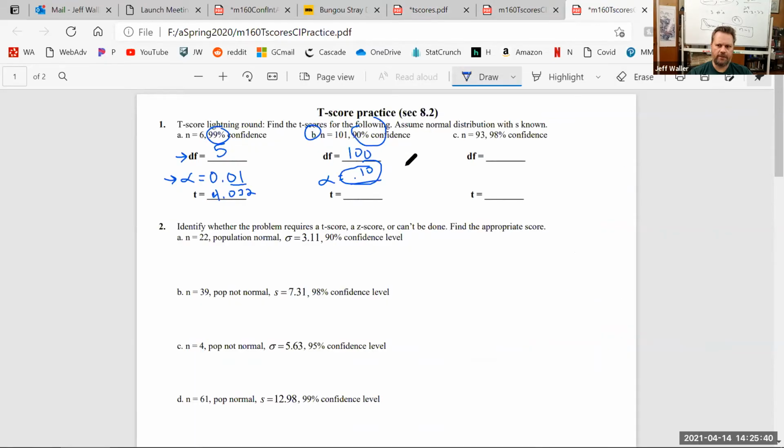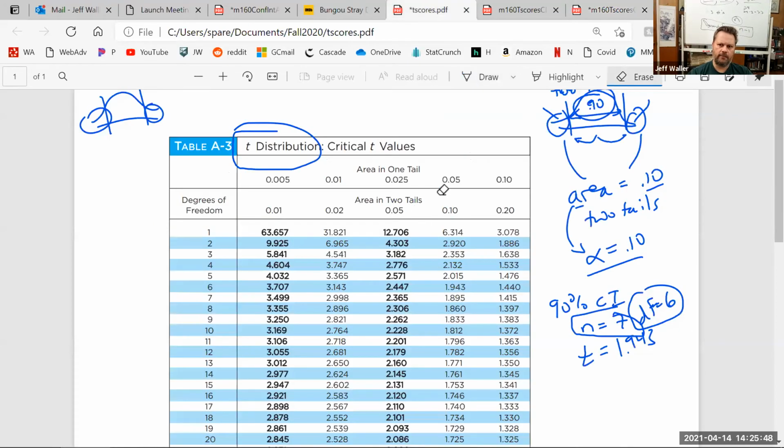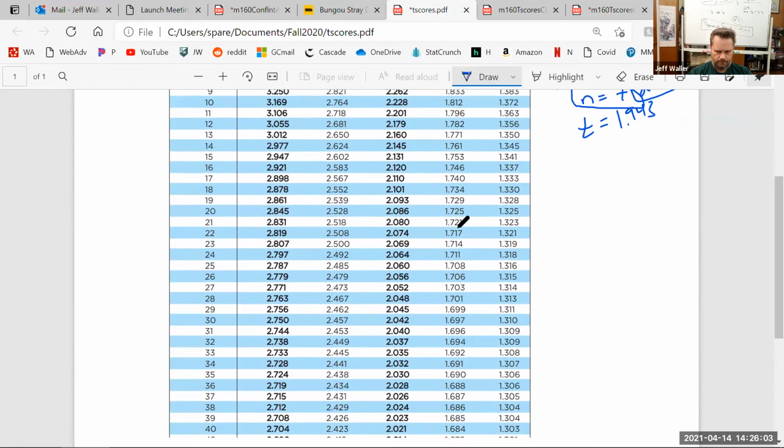So what if you say instead, all right, 10% in two tails means there's 5% in one tail. Well, then you're in the same column, right? Same column. That's beautiful. You can't go wrong. 10% in two tails, 5% in one tail, same column. And where am I supposed to stop in this column?